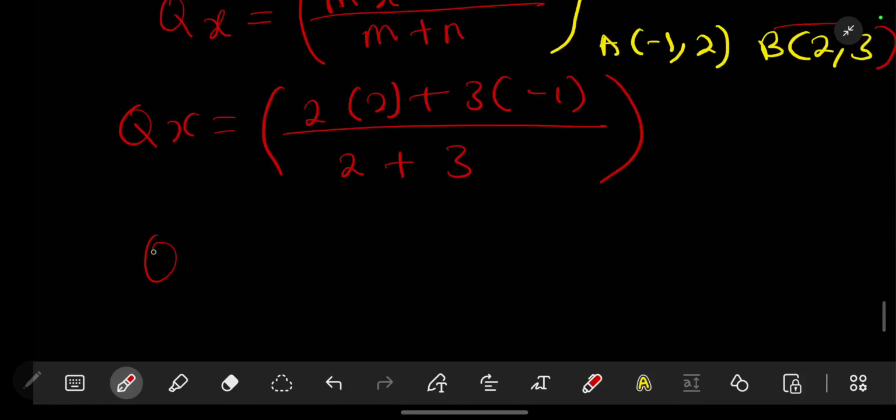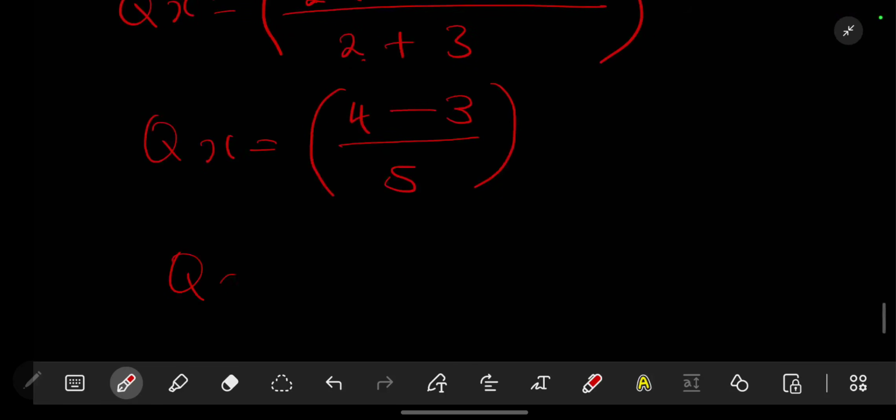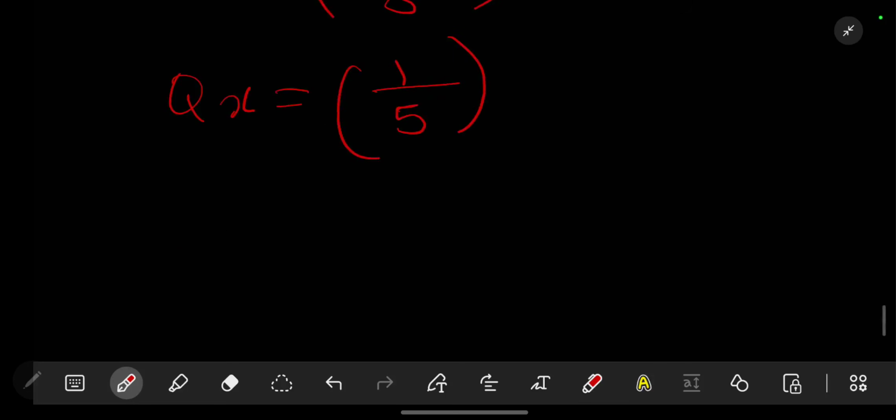So this gives us QX equal to 2 times 2 is 4, minus 3 times 1, that is -3, over 5. So QX is equal to 4 minus 3, which gives us 1 over 5.